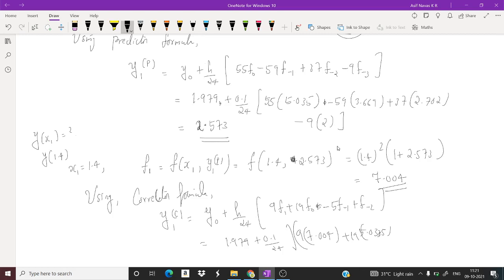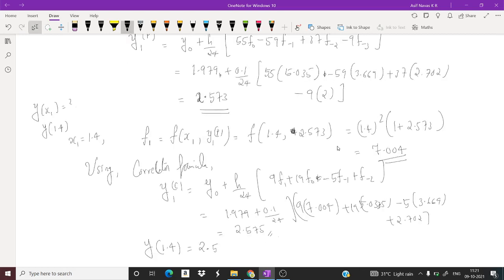So the answer is 2.575. Hence the value y of 1.4 by the corrector formula is 2.575. Okay, so this is the corrected value.